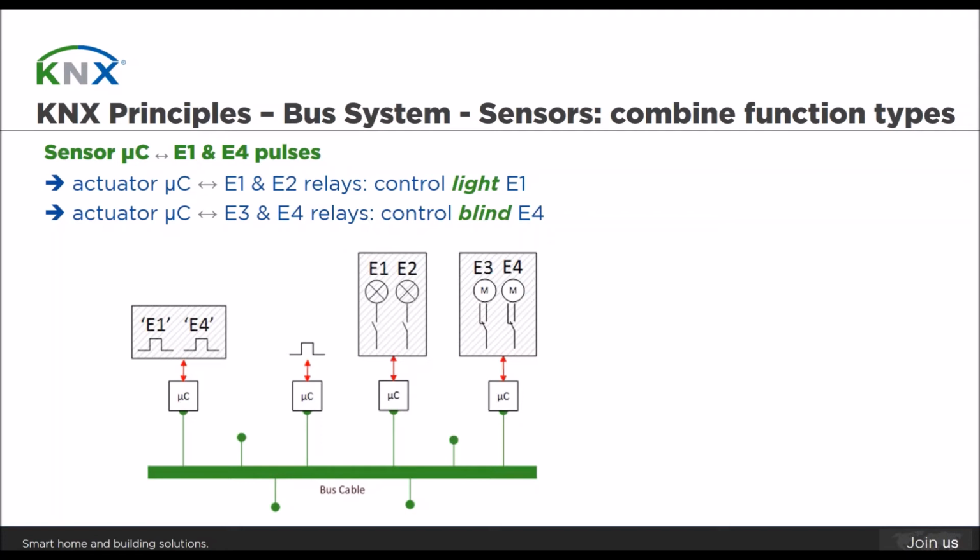Example given, E1, the left rocker, operates this electrical consumer E1, which is a lamp, and E4, the right rocker, operates an electrical motor that maybe drives a garage gate or blind somewhere, and it's another function type. So also here we see yet another optimization of a bus system.